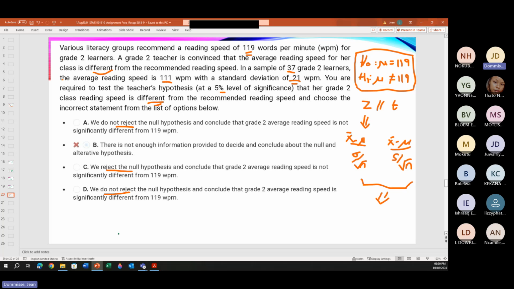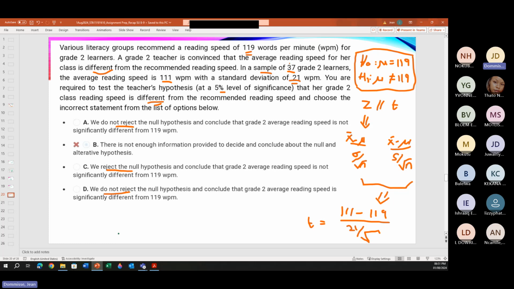So let's check again. We're told this is a sample, and of that sample, the average is 111 with a standard deviation. So we're working with a sample, so we don't have the population standard deviation, so this is going to be a T. I think it's very similar to a question we covered on Tuesday night.